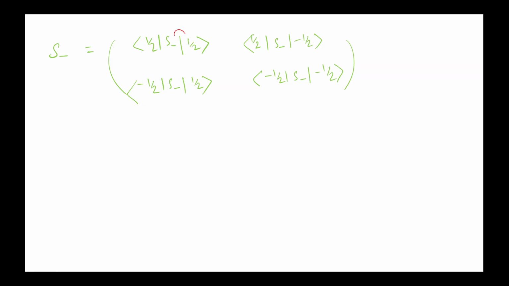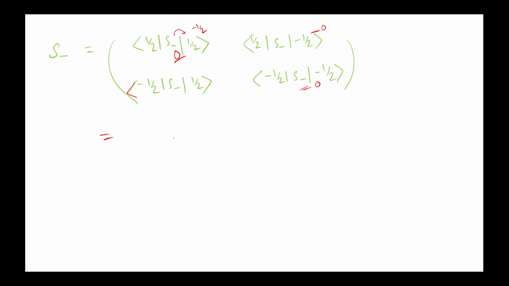So when this S minus operates on this half, it will take you to the minus half state, and because this half and minus half are orthonormal, you will get 0 out of here. And when this S minus operates on this minus half, there is no further lower level, so this will also be 0. And this is also 0. And how about this case? You can see this minus half will take you to this minus half level, and because of this bra minus half, this matrix element will survive.